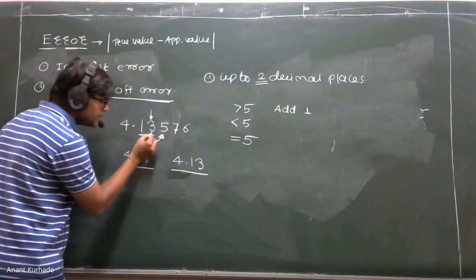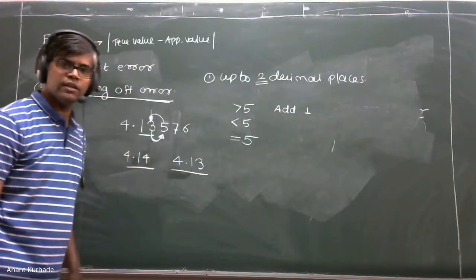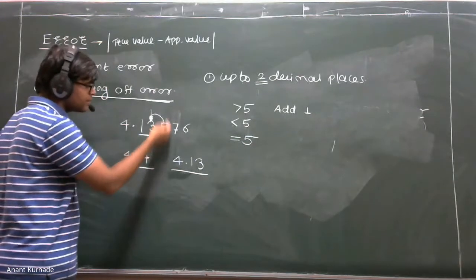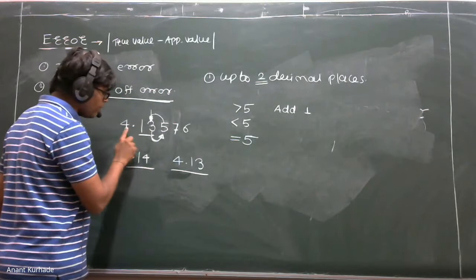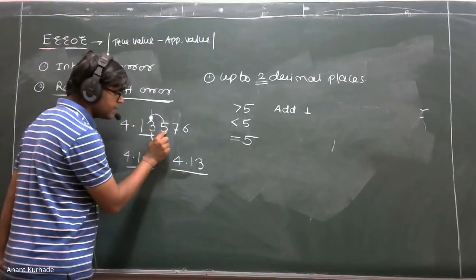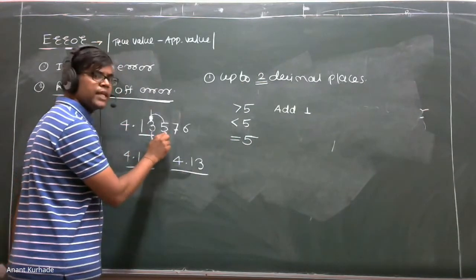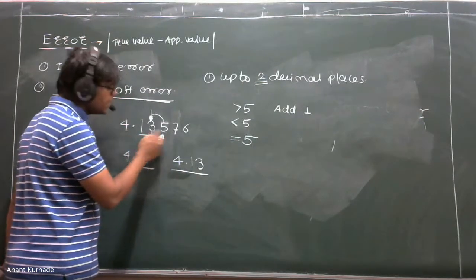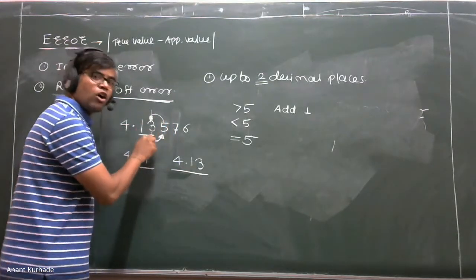Then check the previous number, whether it is odd or even. If we round the number up to two decimal places, check the next one: if it is less than 5, keep as it is, 4.13. If it is greater than 5, add one to the previous number. If it is exactly 5, then again check the previous number, odd or even.